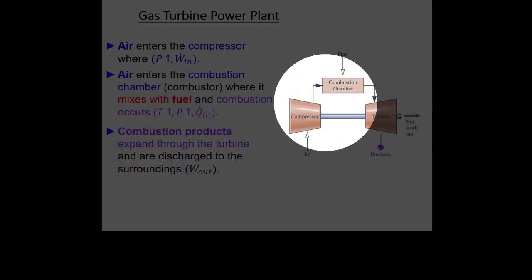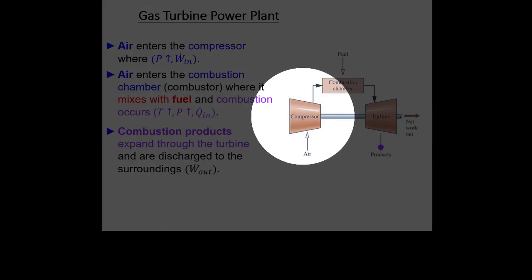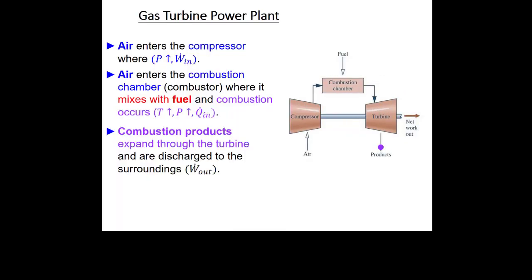Now, the cool thing about this Brayton cycle is that the compressor shaft and the turbine shaft are often the same shaft. So it's the turbine that's spinning that's running the compressor, at least once you get the system going. So that's kind of a neat thing.